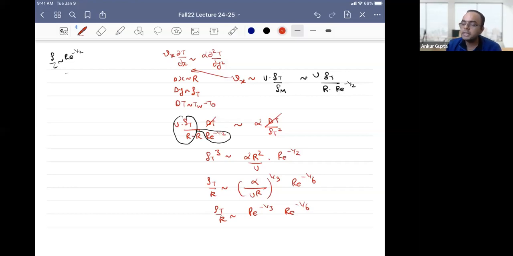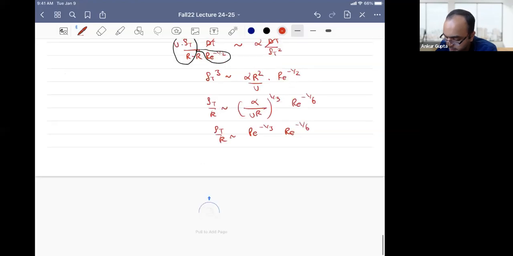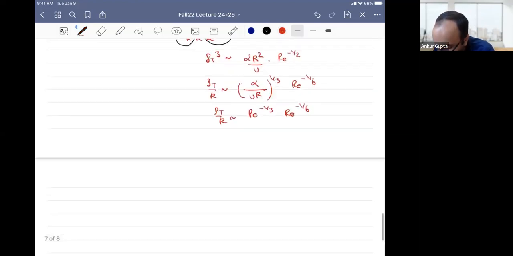You can leave it in this form. That's absolutely fine. There is nothing wrong here. But generally, people prefer to expand this Peclet number as Reynolds number times Prandtl number, and you can verify this, it is very easy to verify.